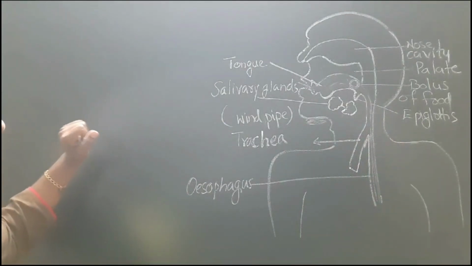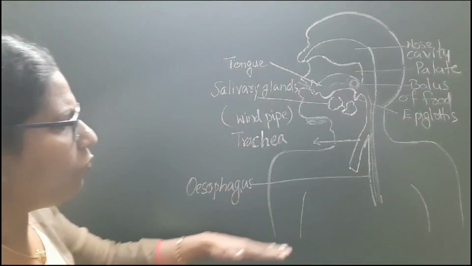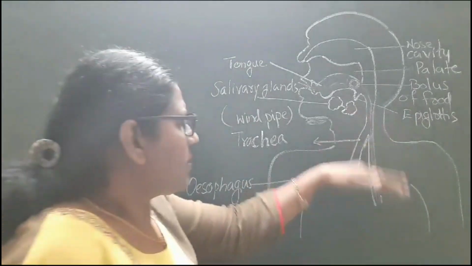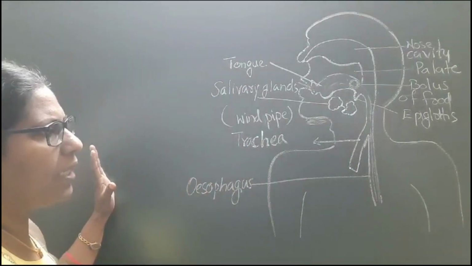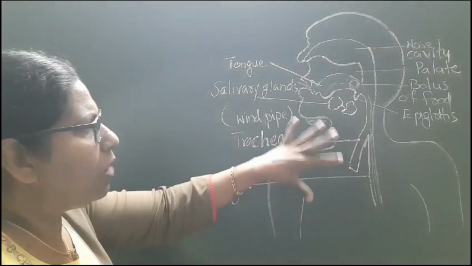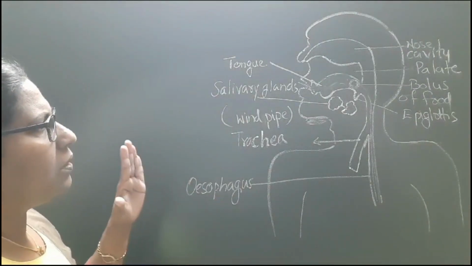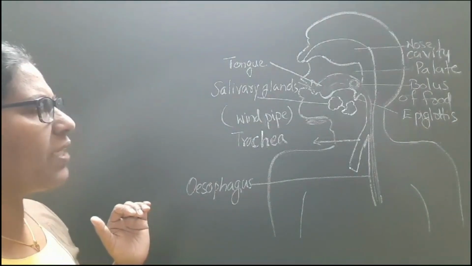Below this part, we will continue in the next class. Today we'll do functions of saliva. So with that, mouth part will get over: mouth and salivary glands, location of salivary glands.